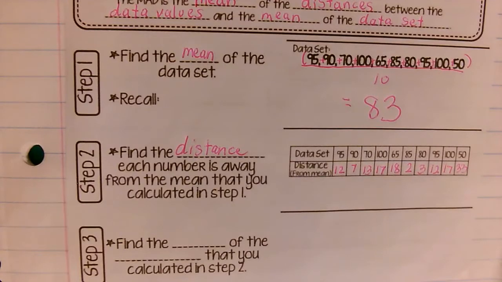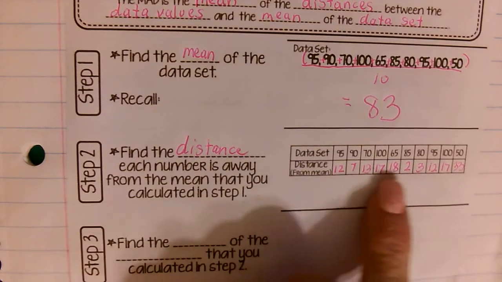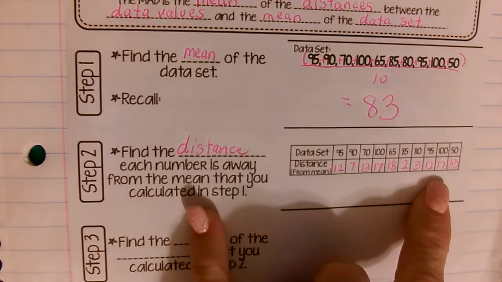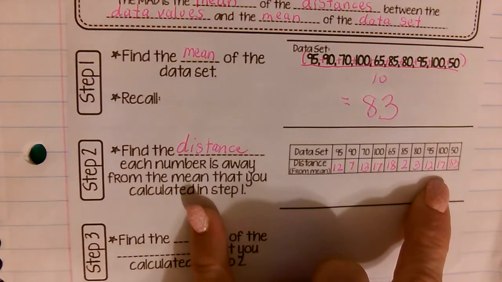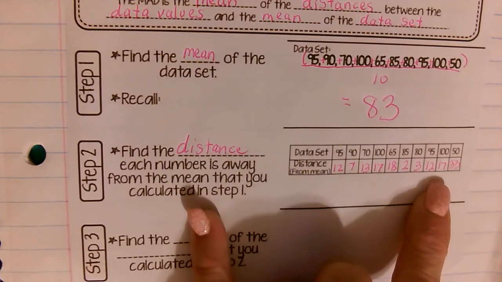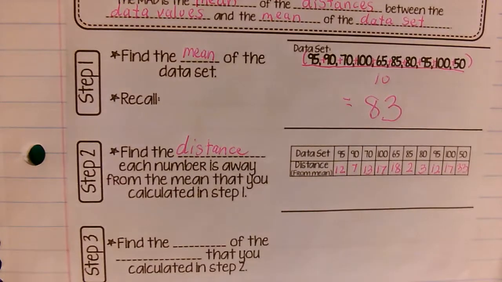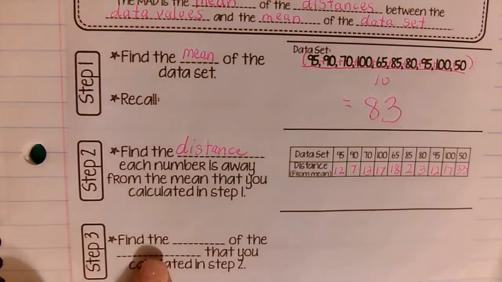Okay, so on this part, now we add all these bottom numbers up together and we find the mean of this set of numbers. That refers to the next step.